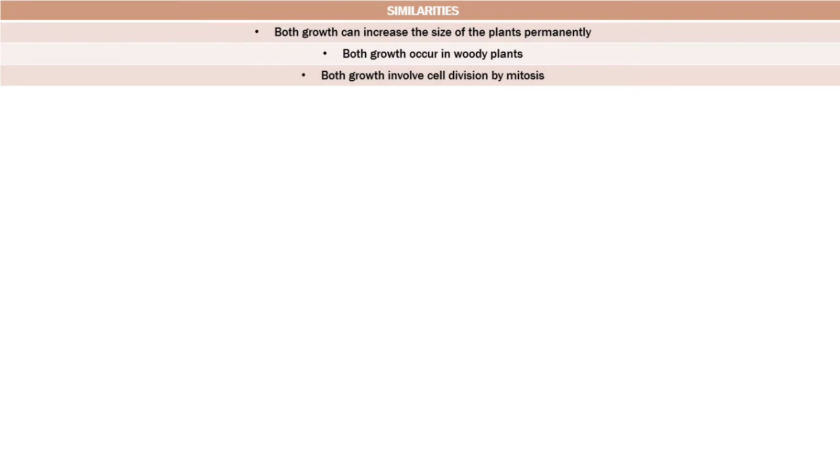Okay, first, comparison between the primary growth and secondary growth. Okay, we discuss the similarities first. Both growths can increase the size of the plant permanently. Both growths occur in woody plants. Both growths involve cell division by mitosis.